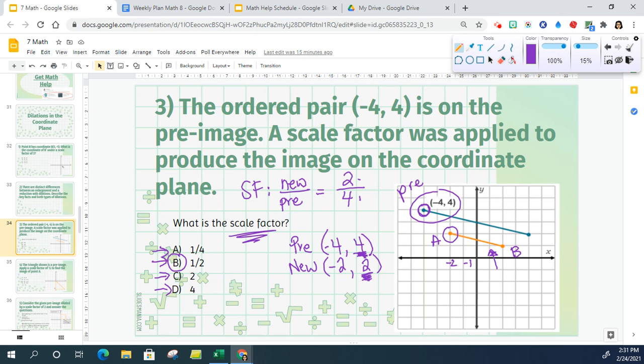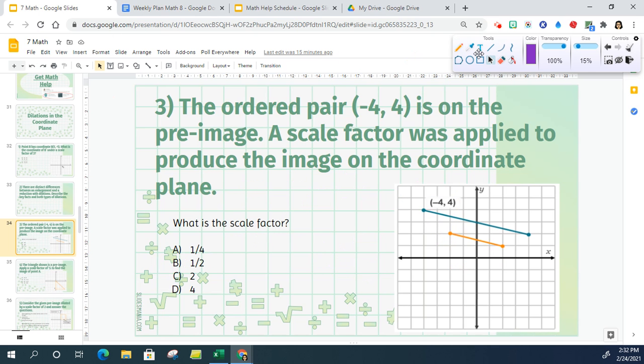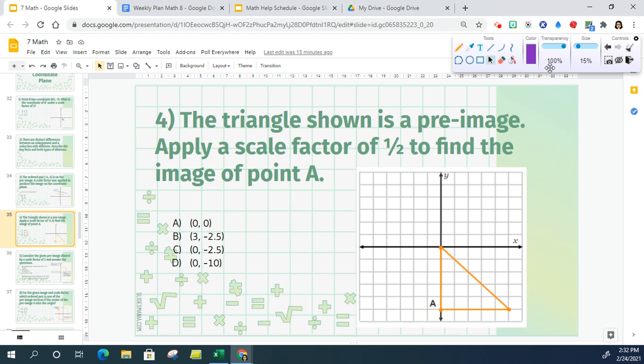Any questions so far? No? Okay, let's move to number 4 then. Number 4 says, a triangle shown is a pre-image. Apply a scale factor of 1/2 to point A. What's the coordinate of A?